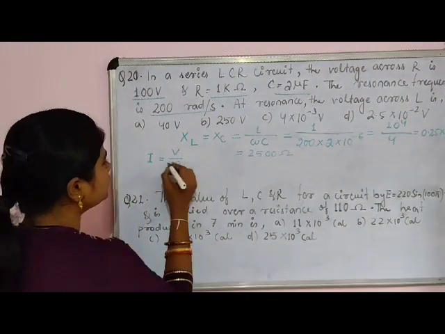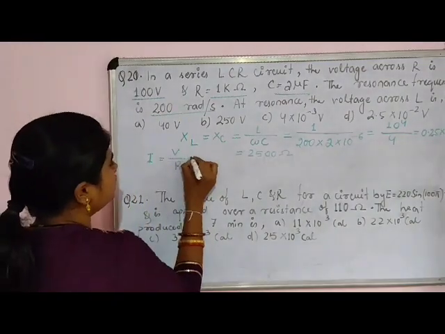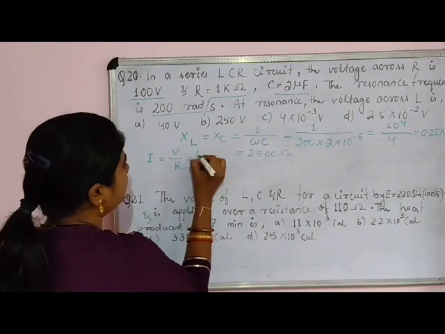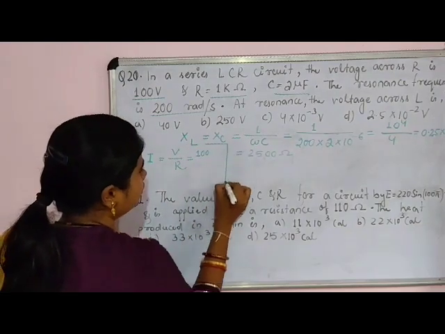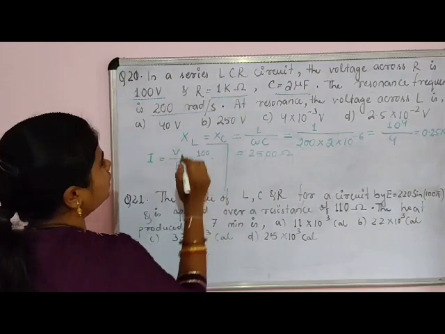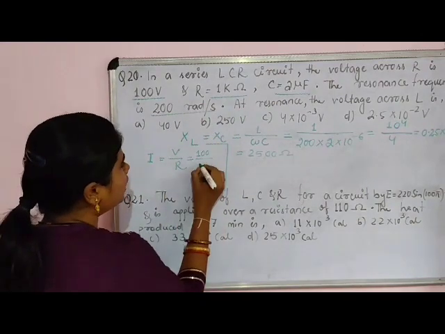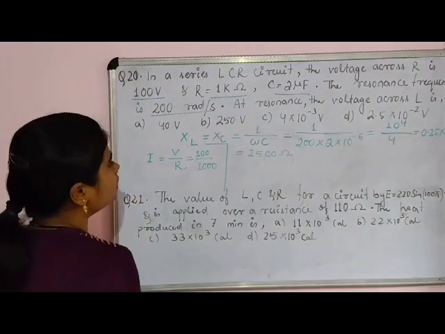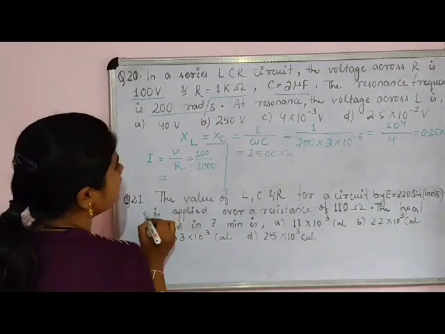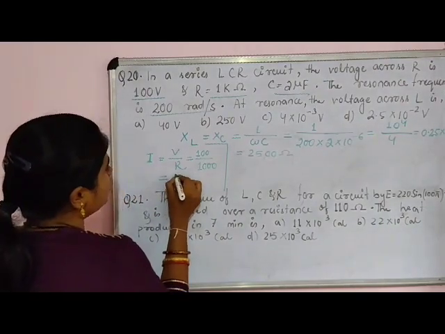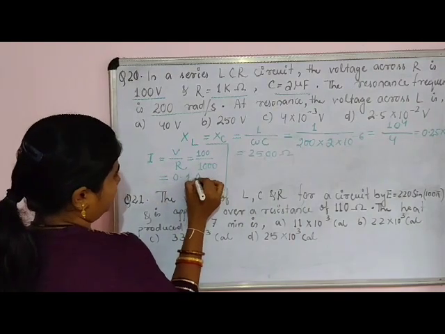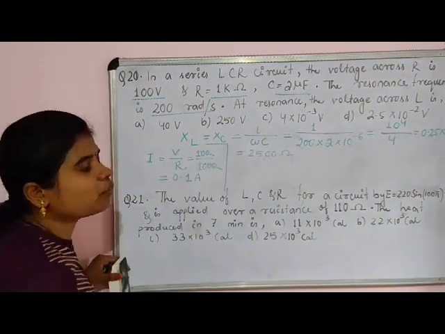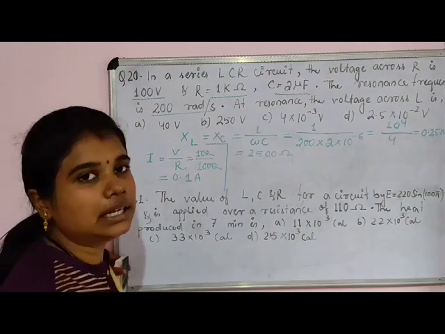The voltage across the resistor is 100, divided by the resistance, 1 kilo ohm, that means 1000. So the current is coming up as 0.1 ampere, 1 by 10 or 0.1 ampere.